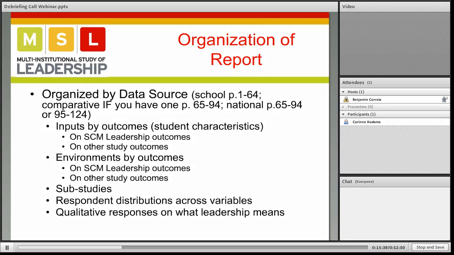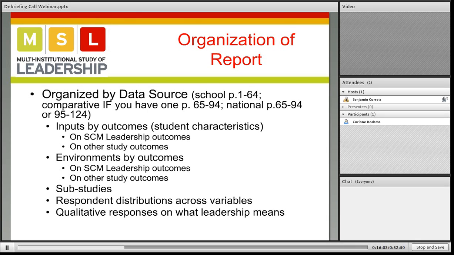Then at the very end of the report, there's one page that summarizes the sub-study data. Again, sub-studies are not covered in any detail in this report, but instead it just summarizes the outcomes. But you do have all the data in your data set if you want to look into those sub-studies further.